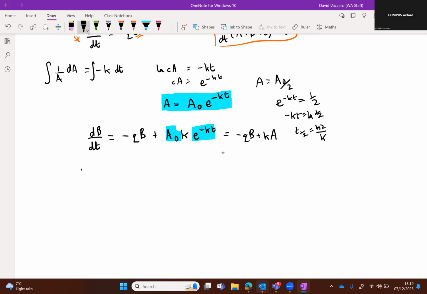So I now need to solve dB by dt plus QB is equal to A0 K e to the minus KT. Okay, so does anybody have any suggestions, any ideas of how to solve this differential equation?